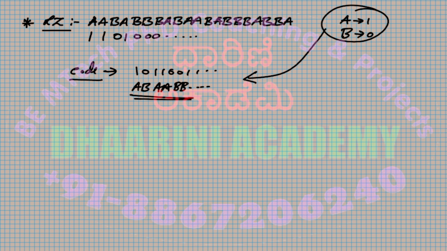So 1 will be A, and you get AB, AA, BB and so on. If you can solve the problem directly with AB itself, definitely no issue, but since we are familiar with numbers rather than letters, this is the method to be followed. Solve this, and if you have any doubt, let me know, I'll help you.